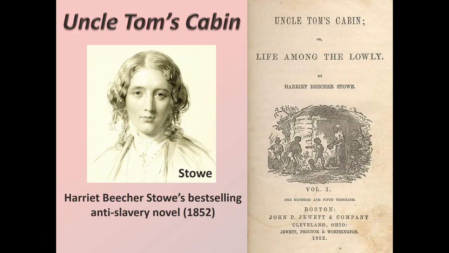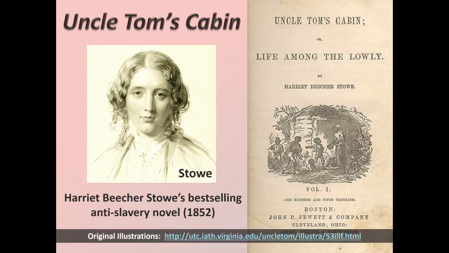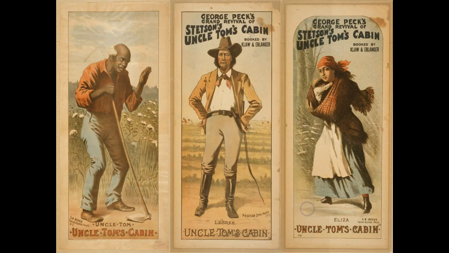This is a very popular book, an immense bestseller, and these characters are not only read about, but it's adapted to a theatrical version of it, and its popularity actually increases resistance to this new fugitive slave law that came in 1850.